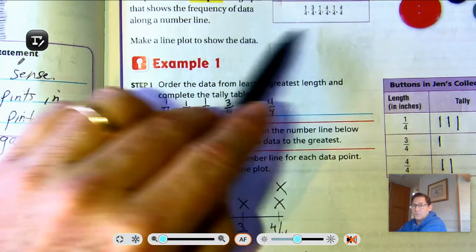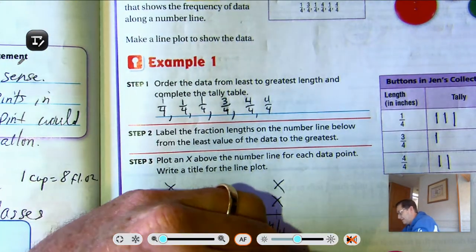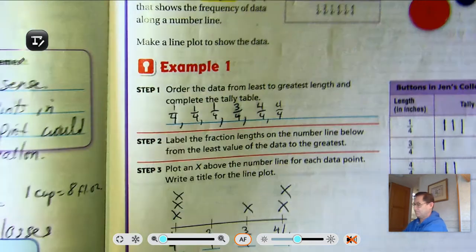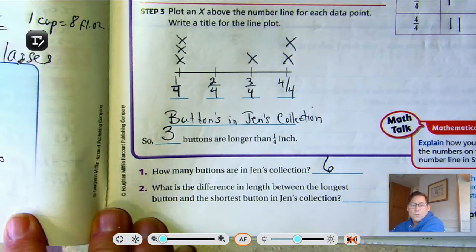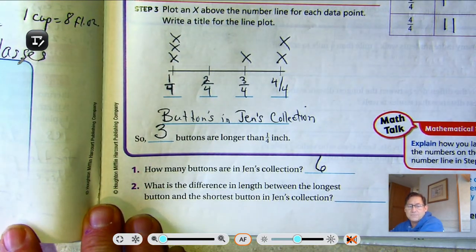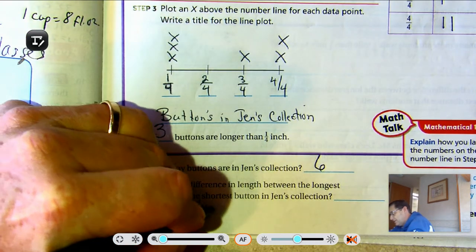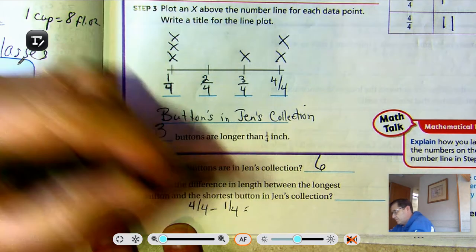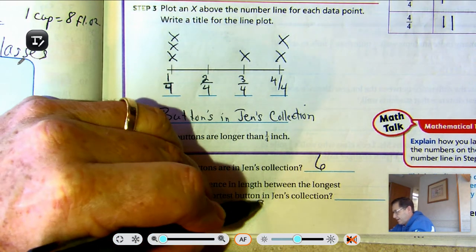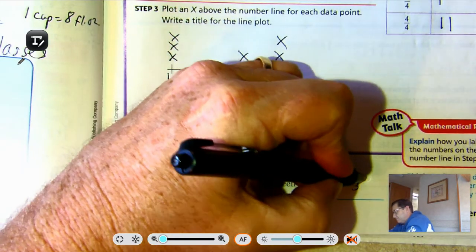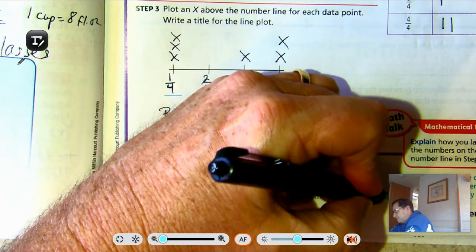Okay, so any way you look at it, she has 6 buttons. What is the difference in length between the longest button and the shortest button? The longest is 4/4. The shortest is 1/4. So that's a difference of 3/4 inch.